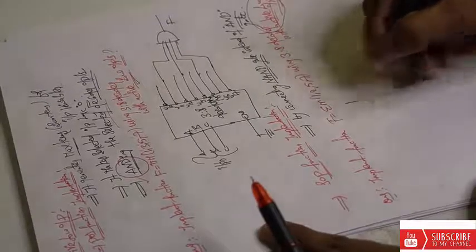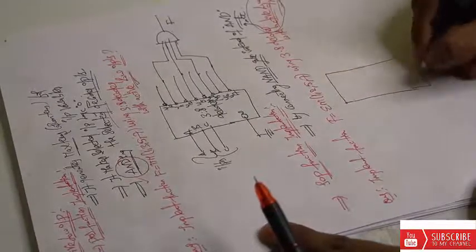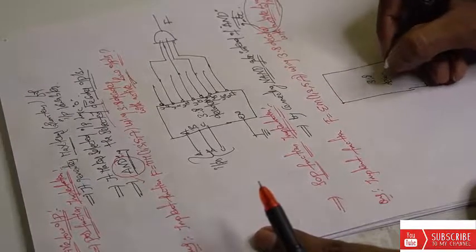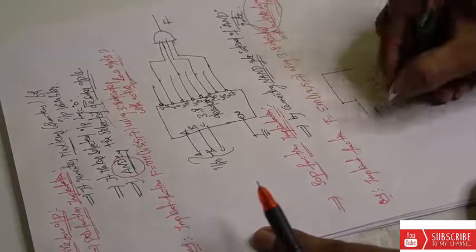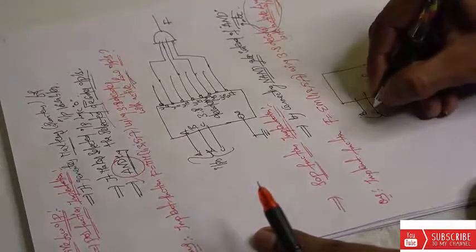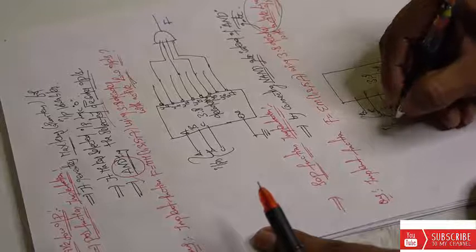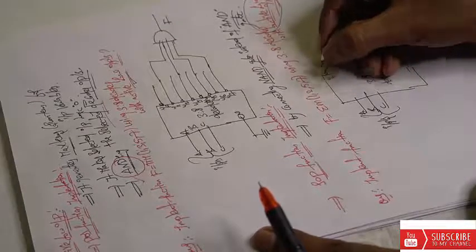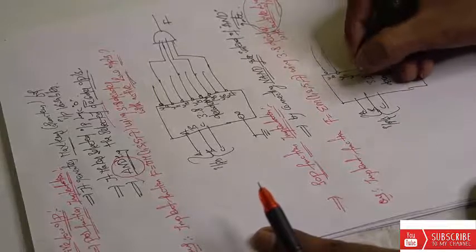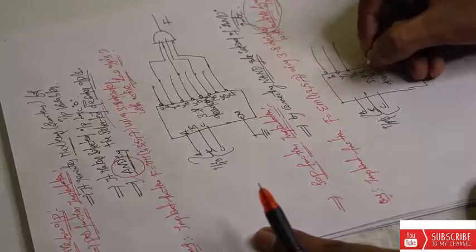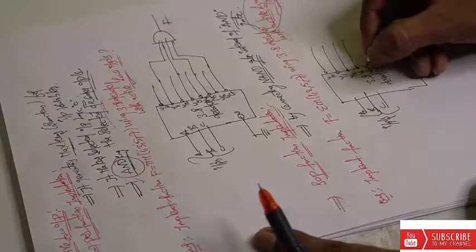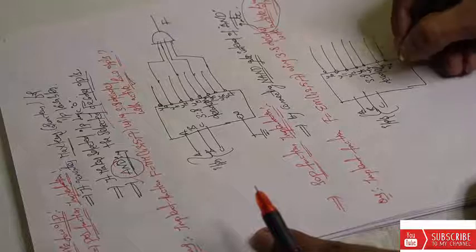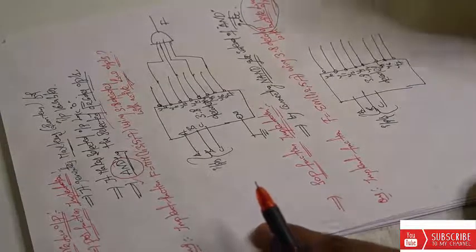Here you can see 3:8 decoder ABC. This will be the inputs, and here Y0, Y1, Y2, Y3, Y4, Y5, Y6 as well as Y7.